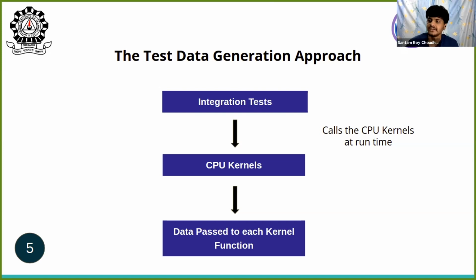Let's say a specific integration test is run, and that integration test will call a certain kernel function. When it calls that particular kernel function, it passes in certain arguments and data. We fetched those arguments and data and collected them as a whole. That was the approach we used to get the raw data.